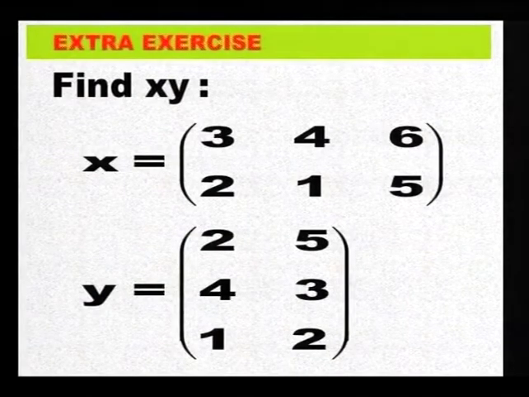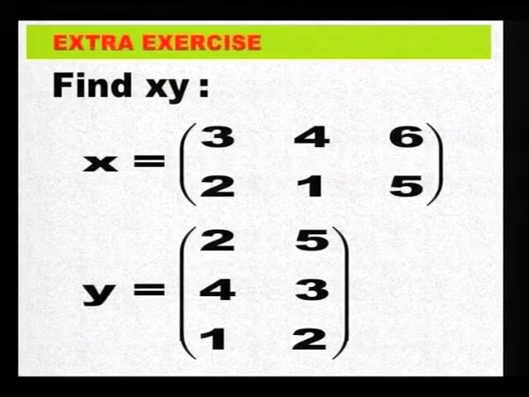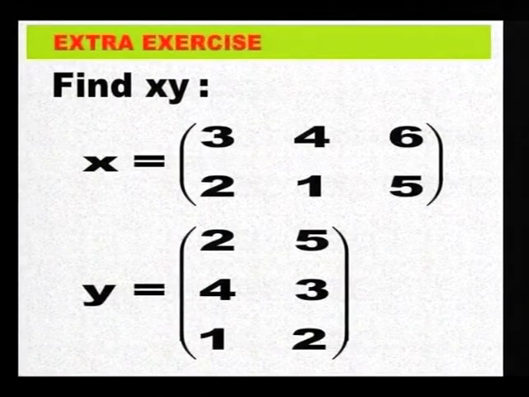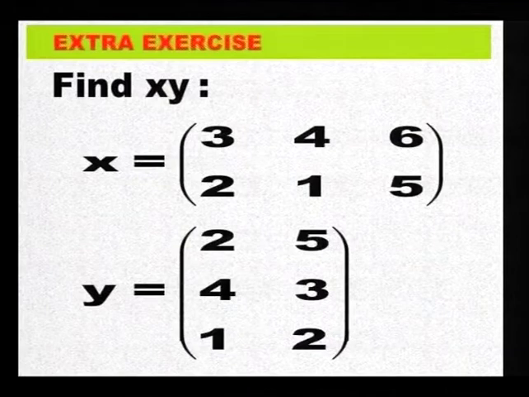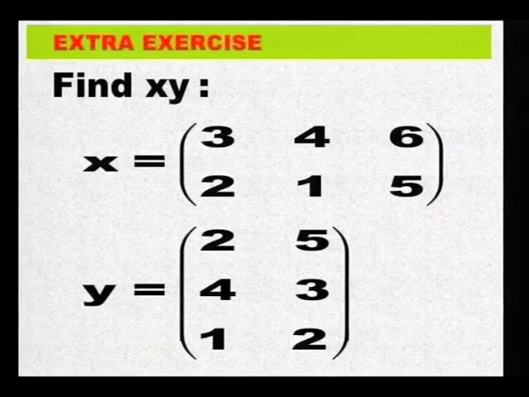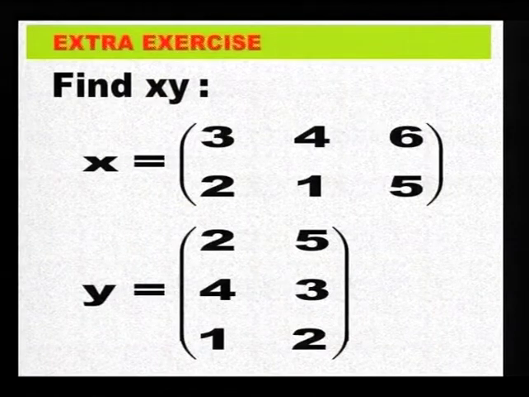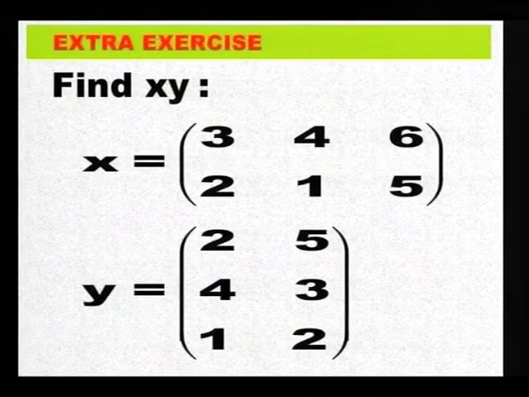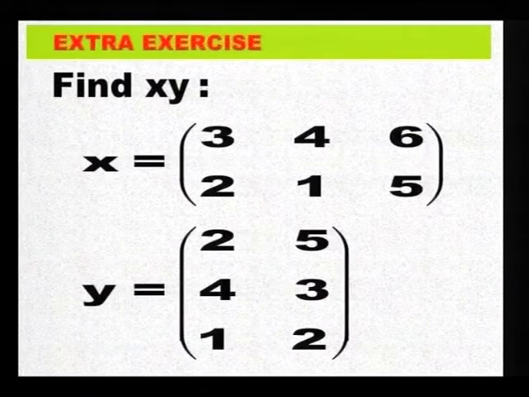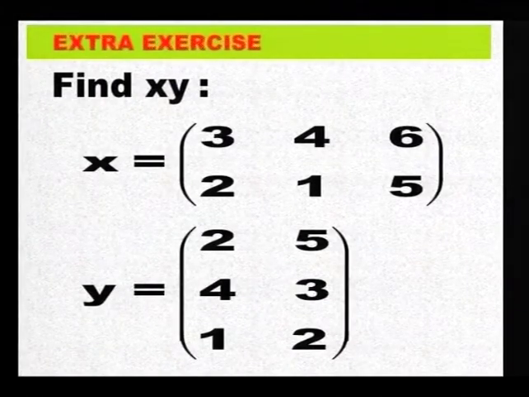Two by three, 3 by 2. That one is 2 by 3, 2 by 2. 2 by 3, yeah, that one is 3 by 2. 3 by 2 and 2 by 2. It's supposed to be 2 by 3, 3 by 2.